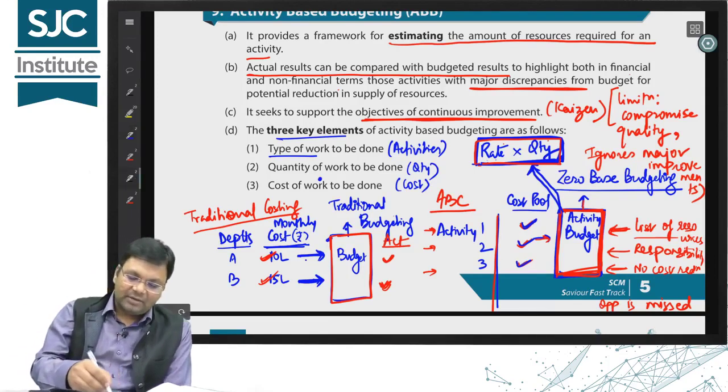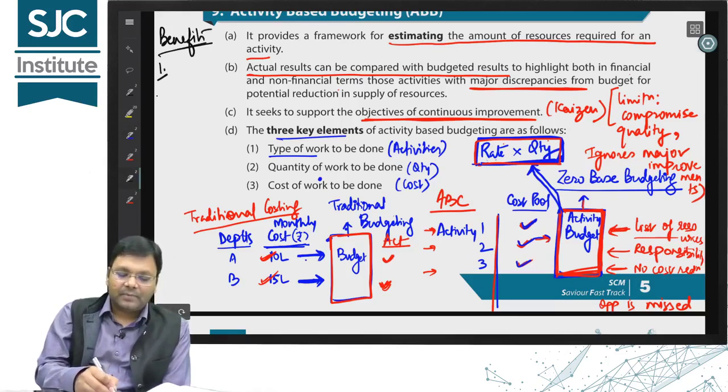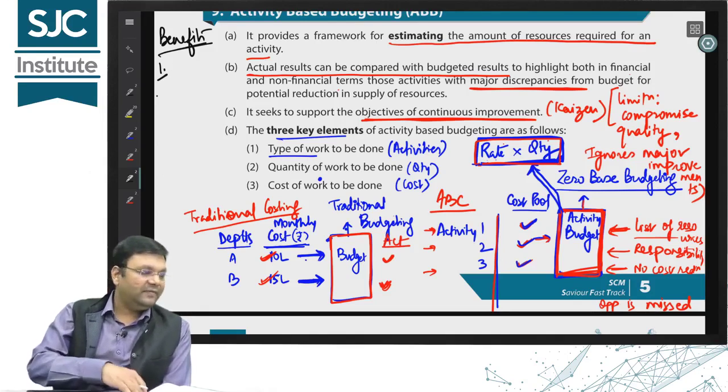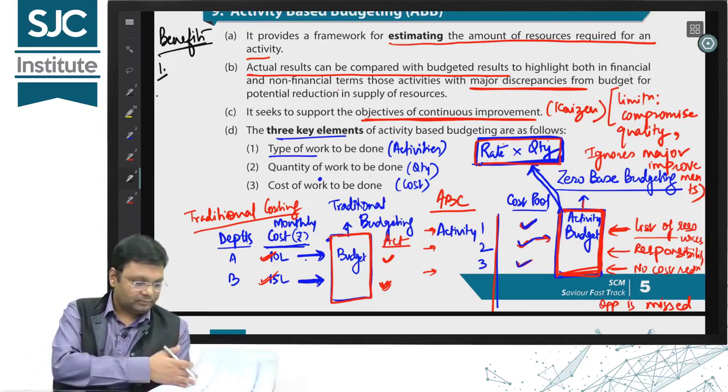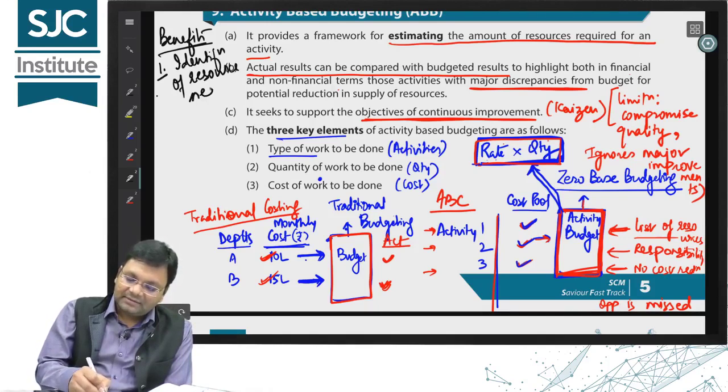I'll also make you write some benefits of activity based budgeting, which is not given here. You can just take a note in three small phrases. First benefit, you write over here: identification of resource needs.